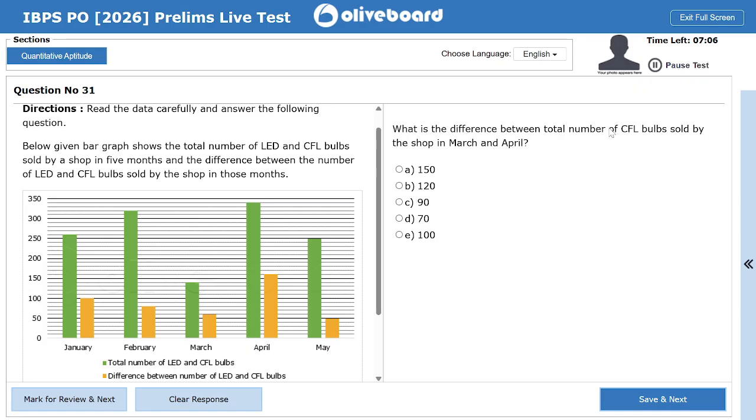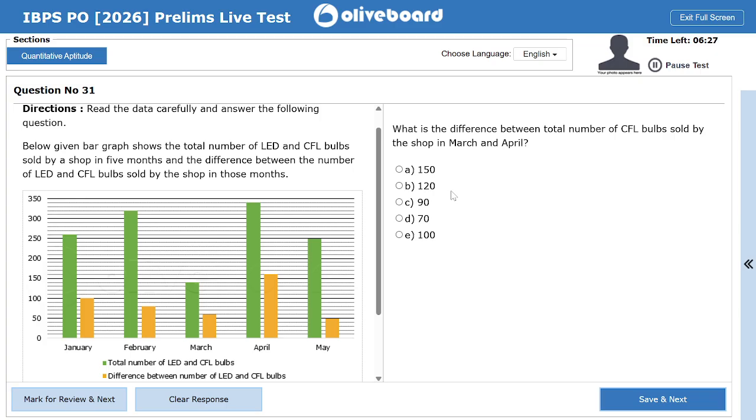What is the difference between total number of staple bulbs sold by the shop in March and April? March and April.